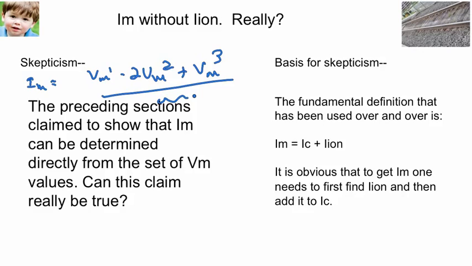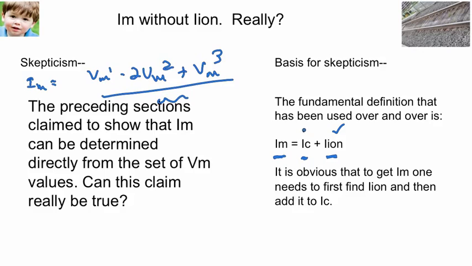They said, look here, the way that we do this is based on the fundamental definition that we've used over and over. If we want to find the membrane current, we define membrane current as the capacitive current plus the ionic current. So therefore, what we should do is get the ionic current according to the Hodgkin-Huxley model or some other membrane model.